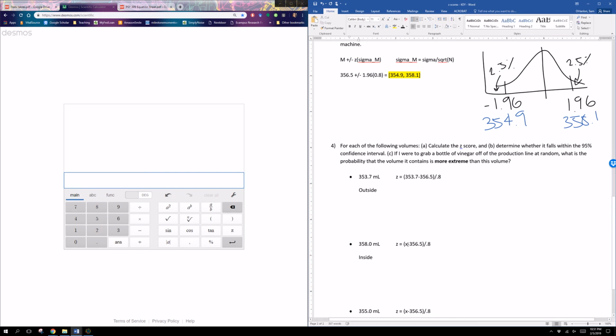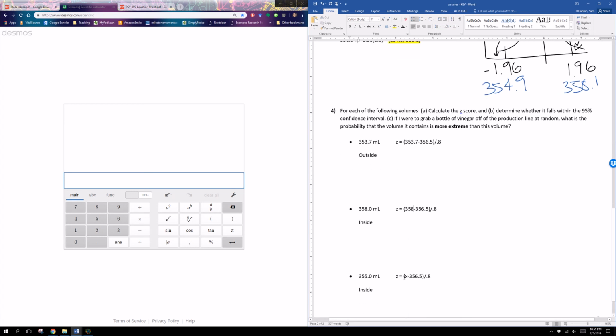Here we've got an x of 358, and our raw score is 355. Okay. So I'm going to copy this, paste it in my calculator, and I get a z-score of negative 3.5.